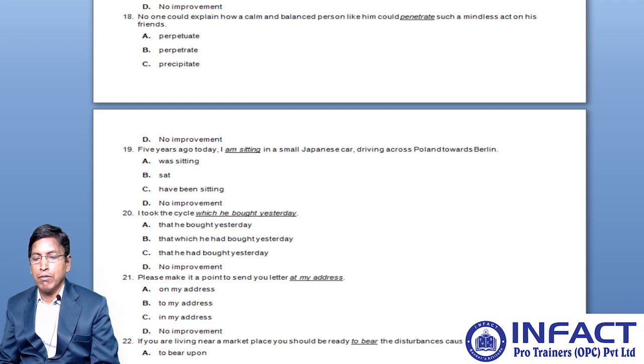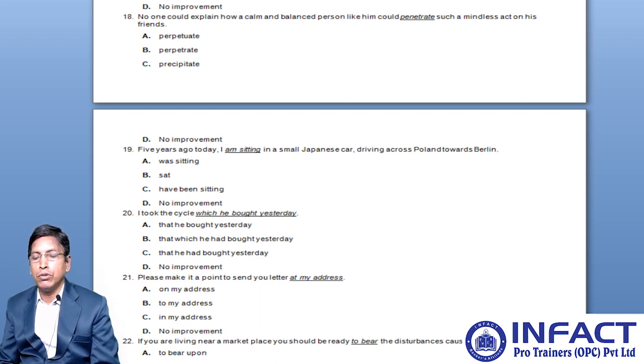So from the given options, we can obviously understand that I was sitting in a small Japanese car will be more suitable when compared to the other options. So option A should be the right choice.